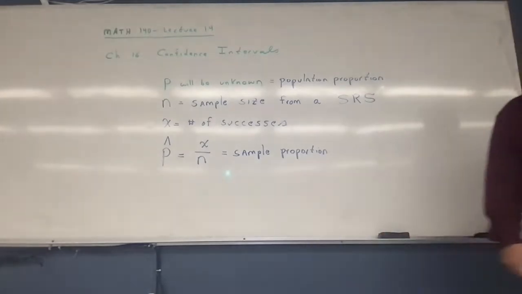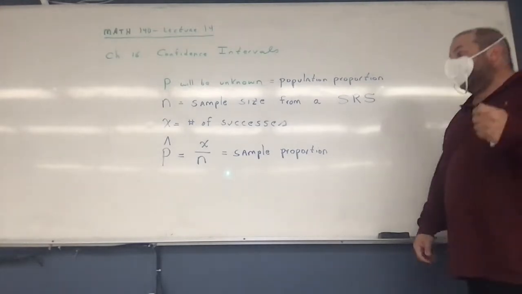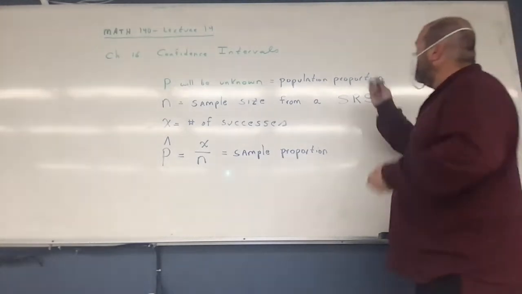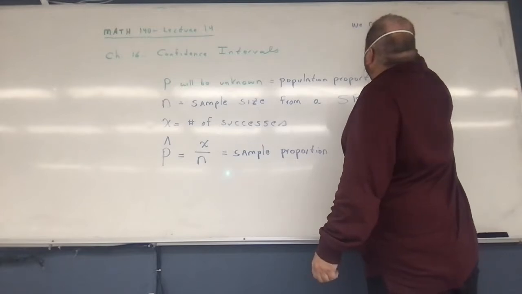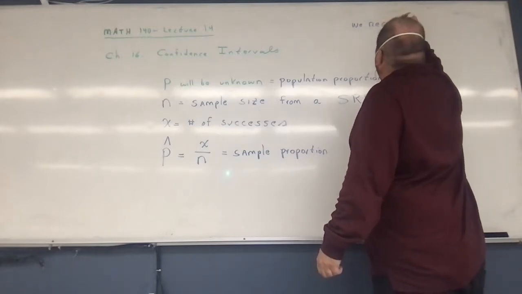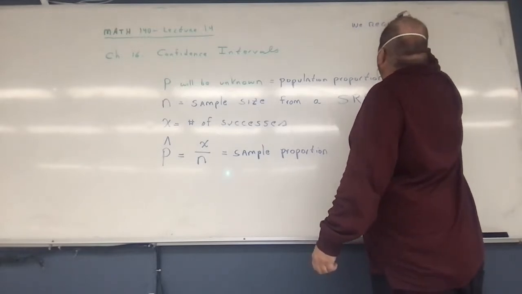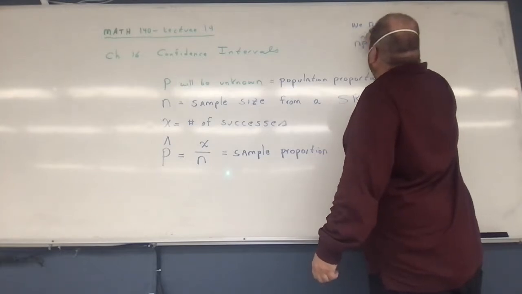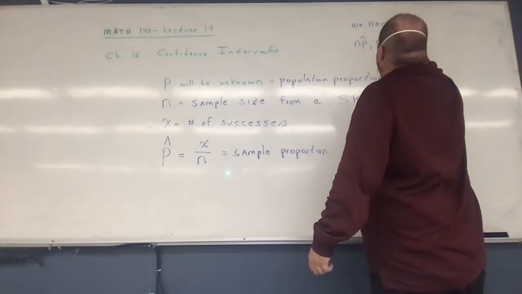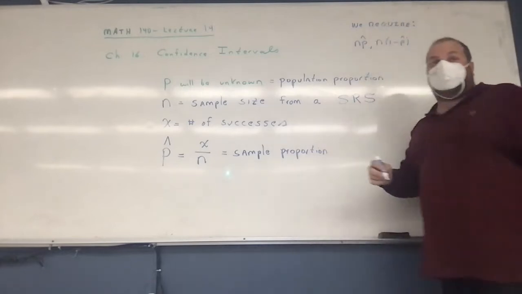And for technical reasons, like we had last chapter, we require that n p hat and n times 1 minus p hat are both what?